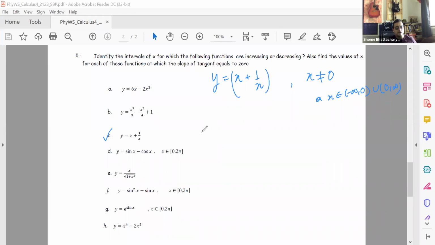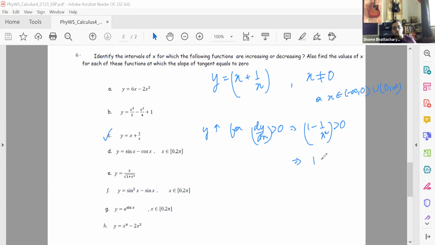So now to find out why increasing or decreasing, y increases for dy by dx being greater than 0. So what is dy by dx? It is 1 minus 1 by x square. So for this, we did not use the number line.